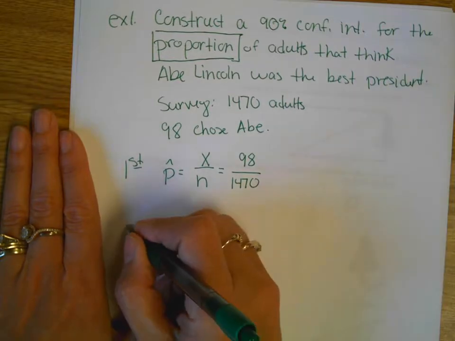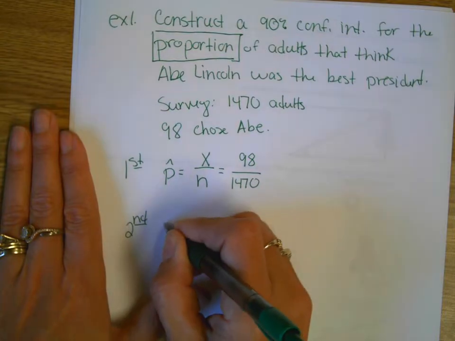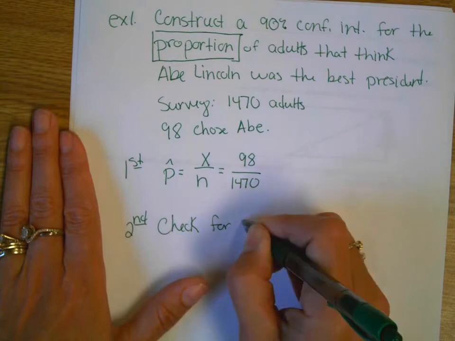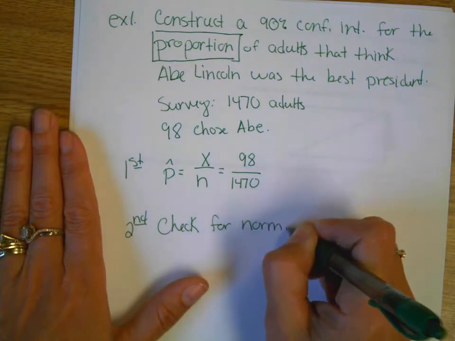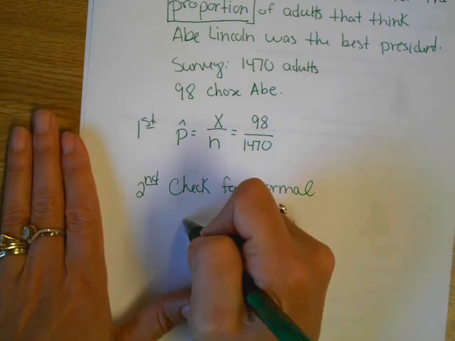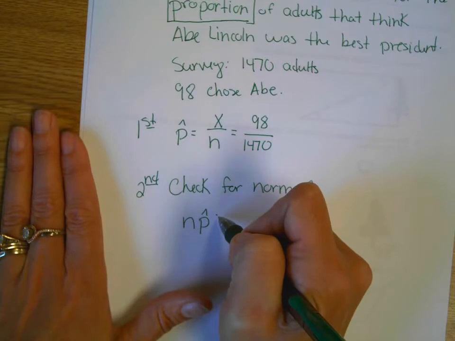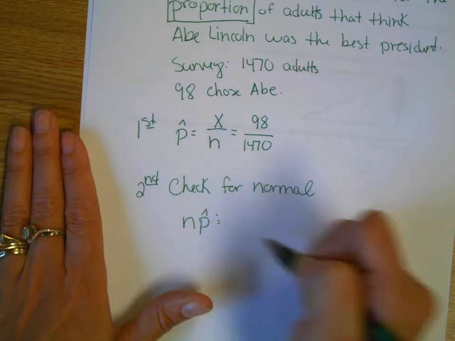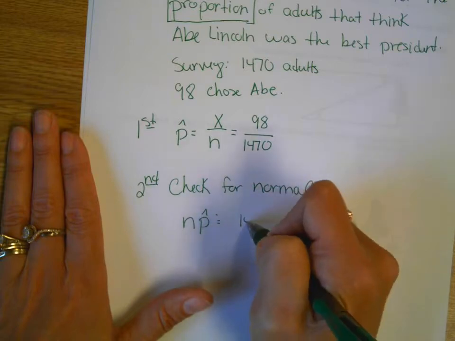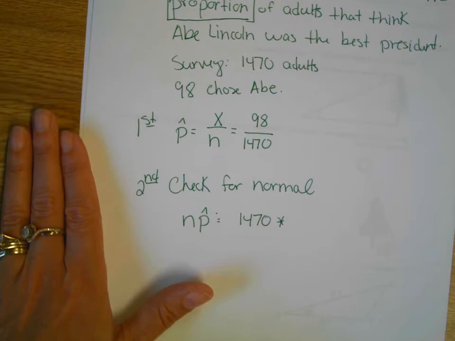So now let's check. Check to see if the sample is big enough. Check for normal. That said check n times p hat. That had to be greater than or equal to 5. So n was 1470, multiplied by p hat.